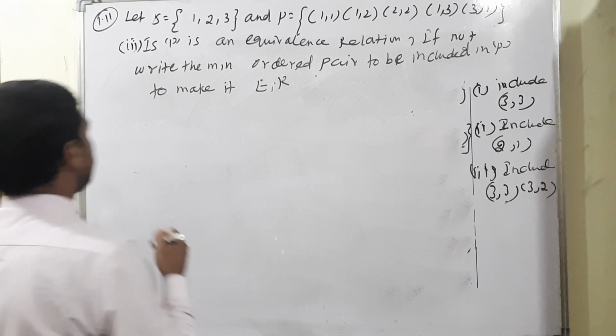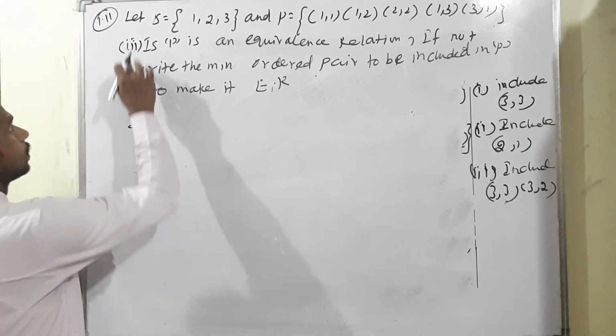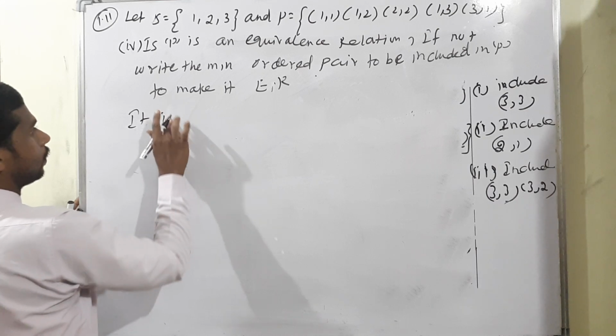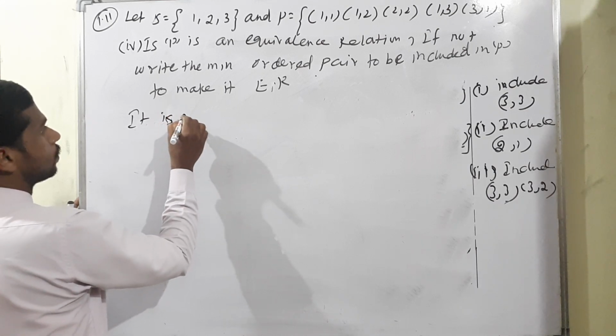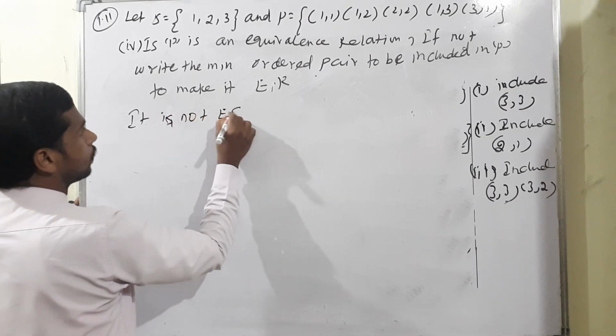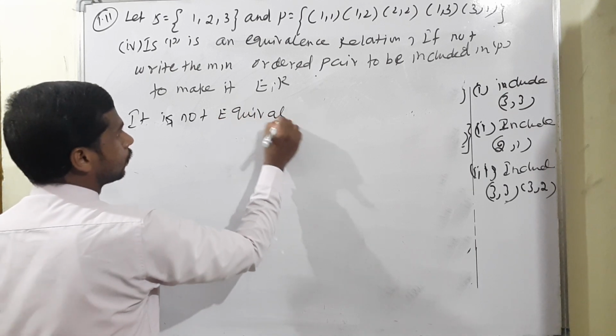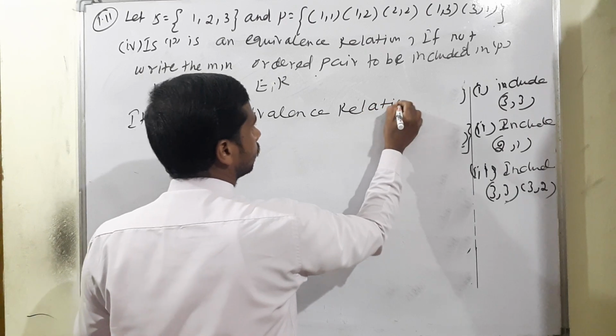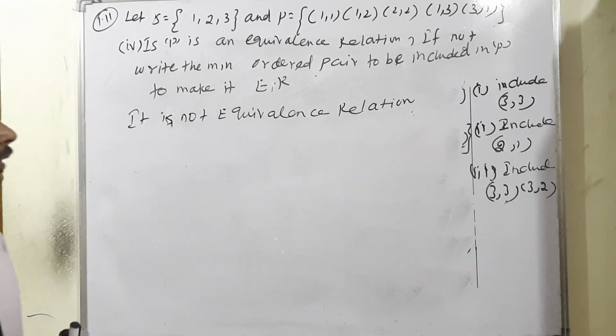Therefore simply we can say first one, this is subdivision 4, it is not an equivalence relation.